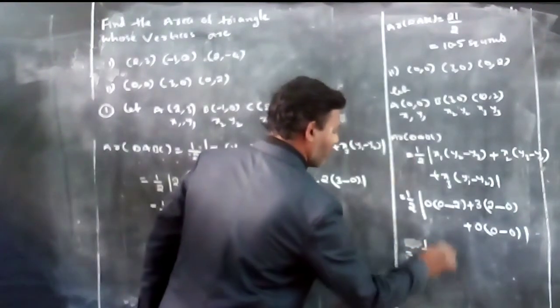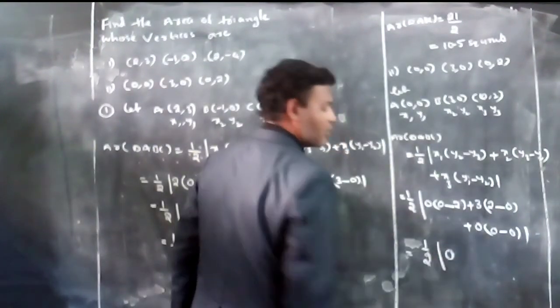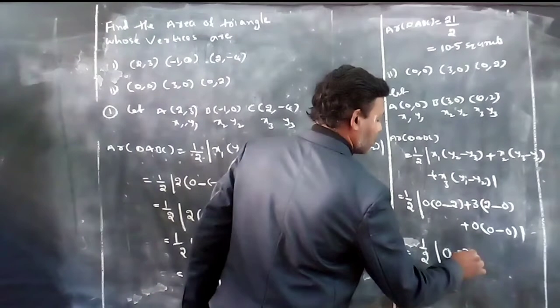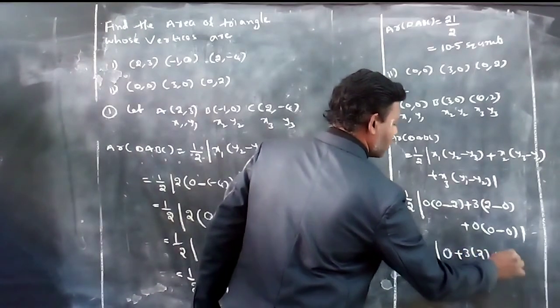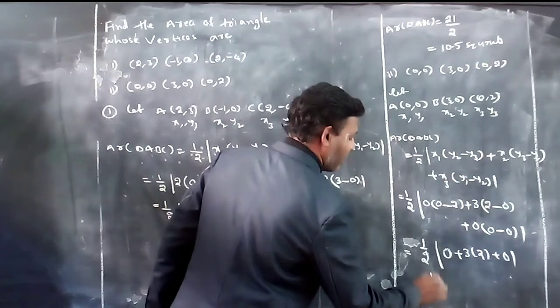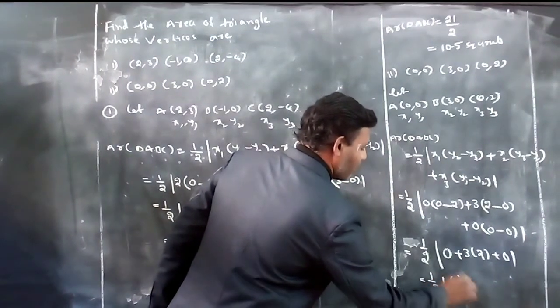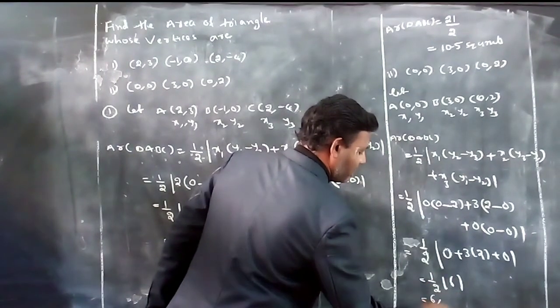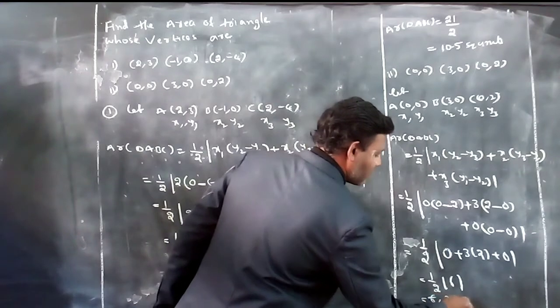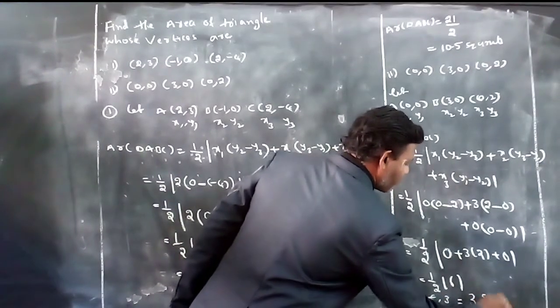So 0 plus 3 into 2, plus 0. Final answer 1 by 2 mod 6 is 6 by 2, which is equal to 3 square units.